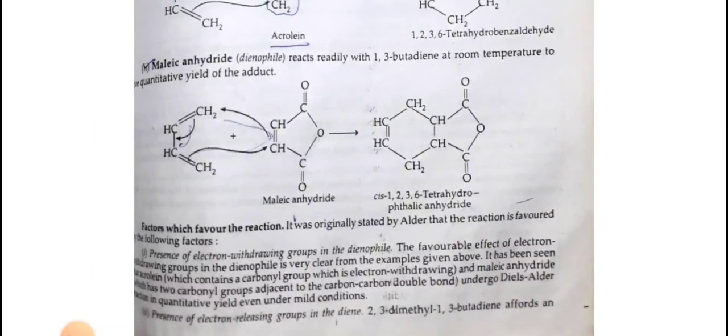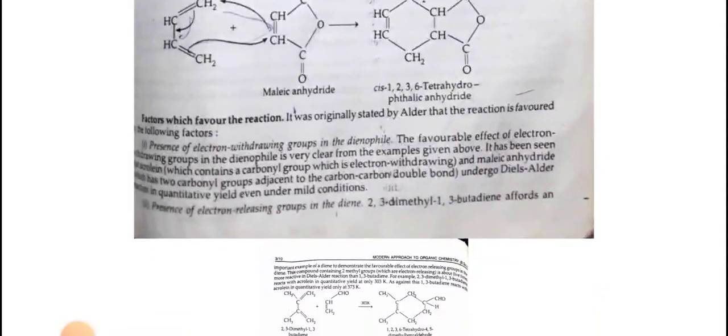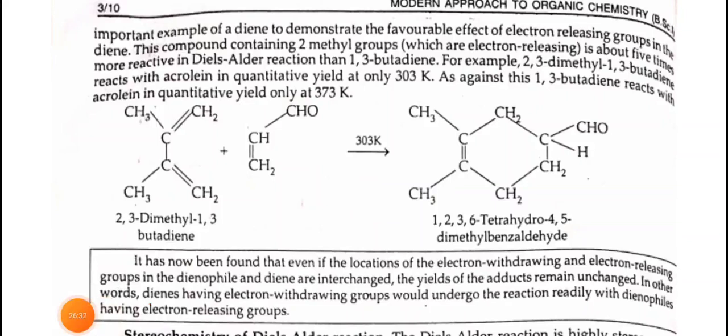Second, presence of electron releasing groups in the diene. 2,3-dimethyl-1,3-butadiene affords an important example of a diene to demonstrate the favorable effect of electron releasing groups in the diene.